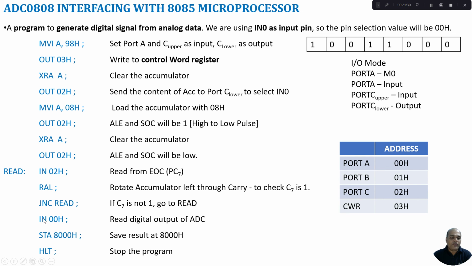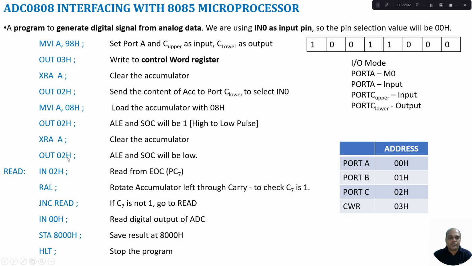Then what do we do? We read port A. Port A is at 00. So we read port A and it gets copied into the accumulator, and then that accumulator content is sent to the memory location. Thereby analog data is converted into digital data, and that digital data is read by the 8085 microprocessor and sent to the memory location.